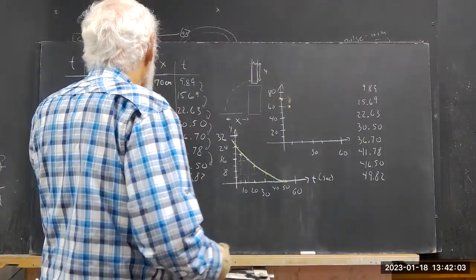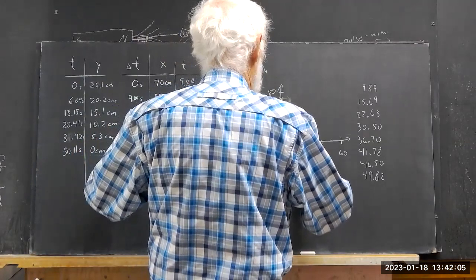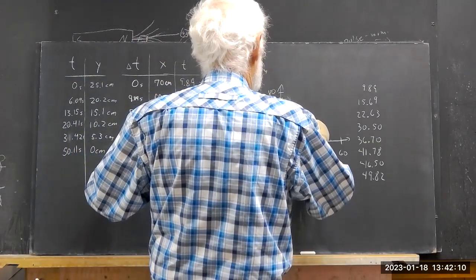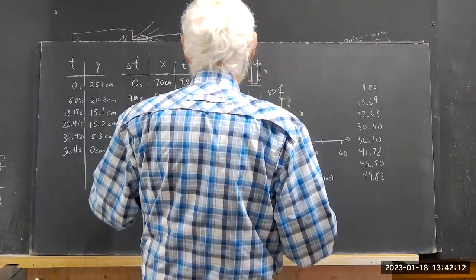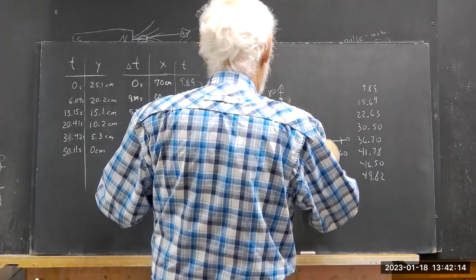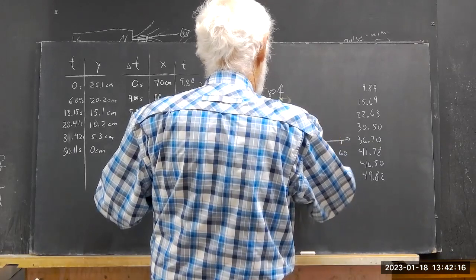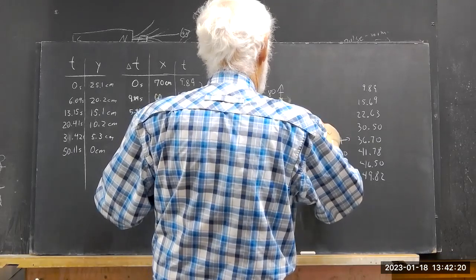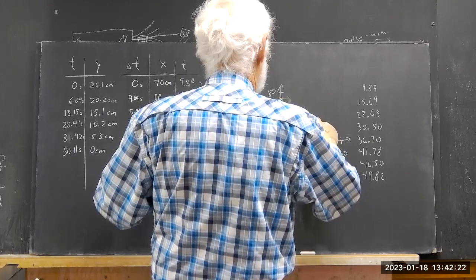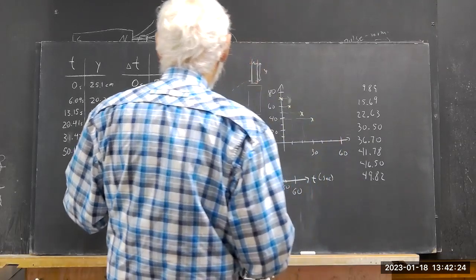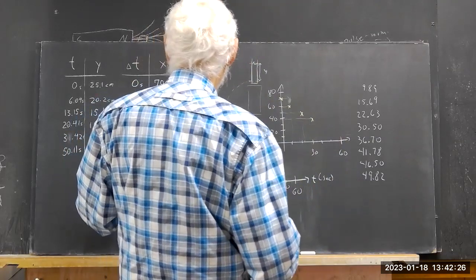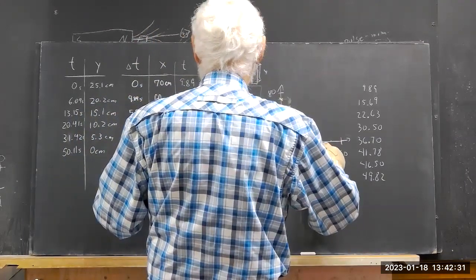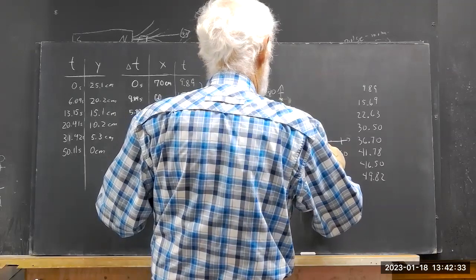Okay. Then 50 centimeters, 22.63. Forty centimeters, 30.50. No, my 50 is way too close to my 40. So there's got to be a little fuzziness to my graph, but it'll smooth out. Okay, I think. And 30 at 36.70.